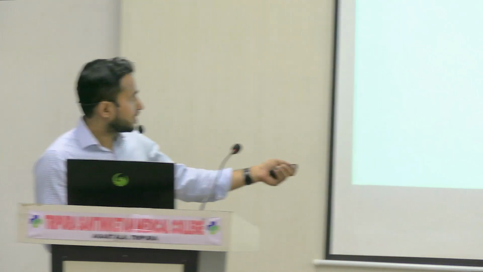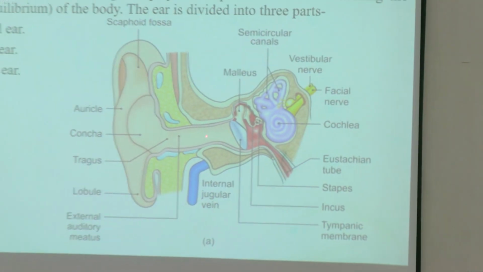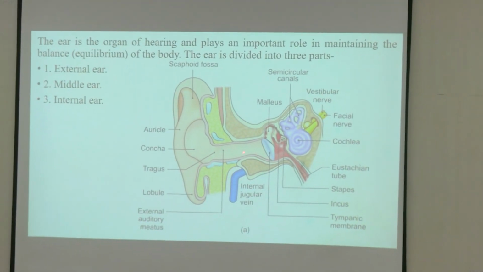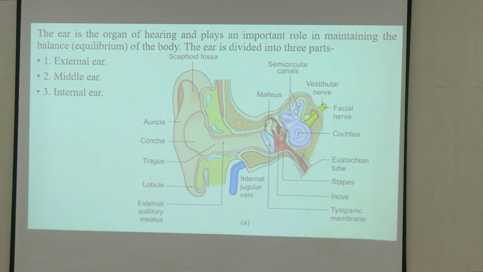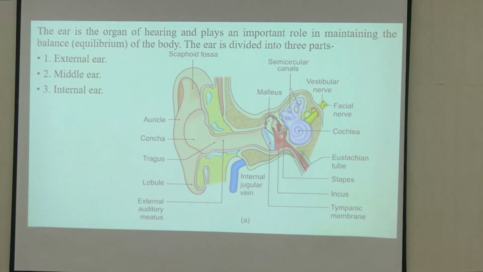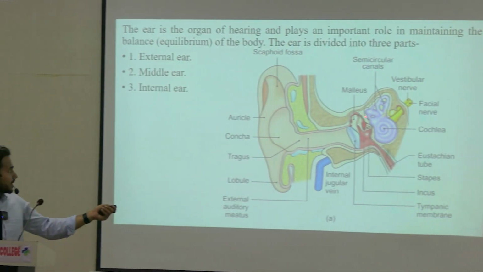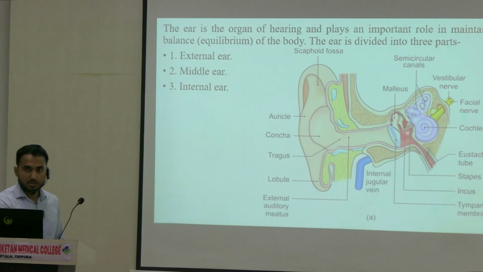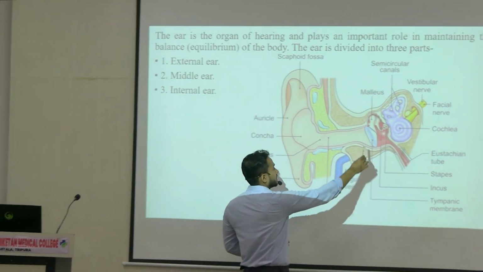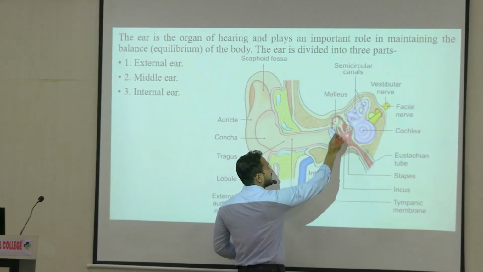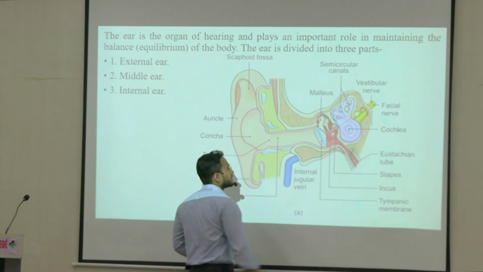As you can see in the diagram, this is the external ear, and it continues as the external auditory meatus. Then we get the tympanic membrane. Next to the tympanic membrane, this particular part is the middle ear cavity. This is the tympanic cavity, also called the middle ear cavity.